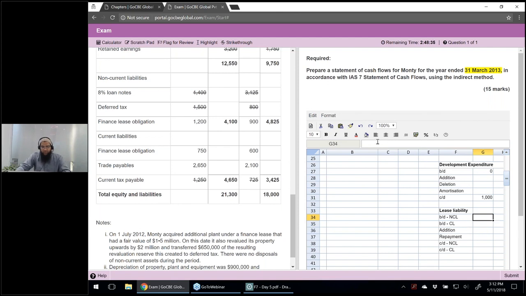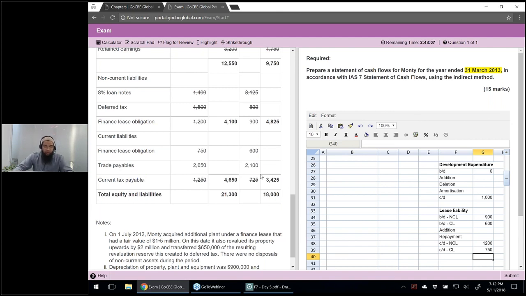So lease obligation non-current brought down is 900 and the carried down is 1200. You have to ensure that every movement have been reflected in your working. So brought down current liability is 600 and carried down is 750. And then trade payables will be taken to the working capital and current tax is already accounted for.